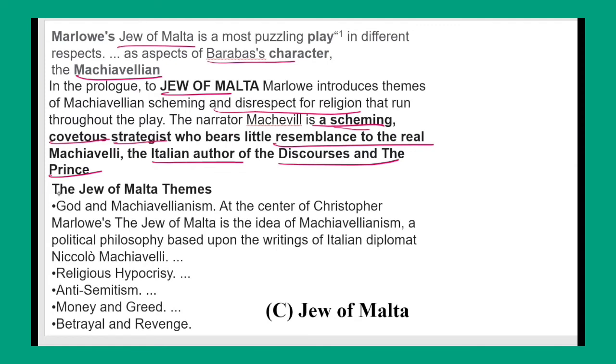So now we can see about the Jew of Malta. Machiavellianism is an important theme of Jew of Malta. At the center of Christopher Marlowe's The Jew of Malta, we can see the idea of Machiavellianism. Here one who makes a plot, planning, scheming, and criminal activities.